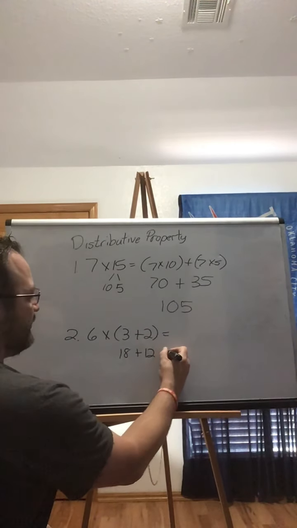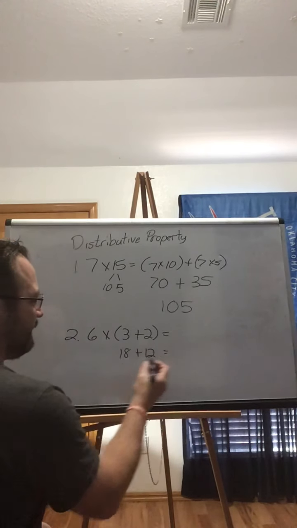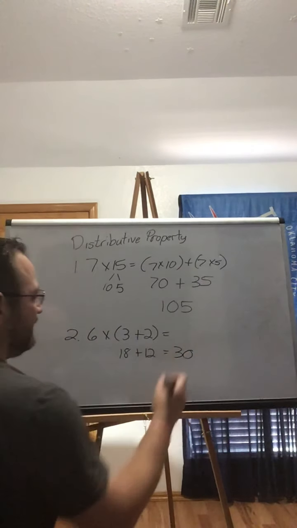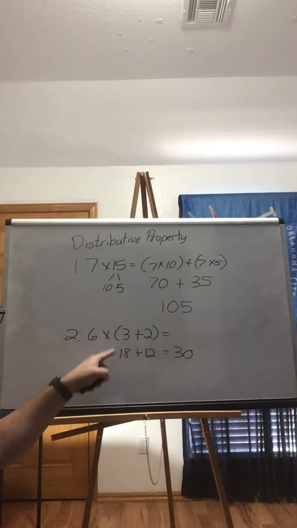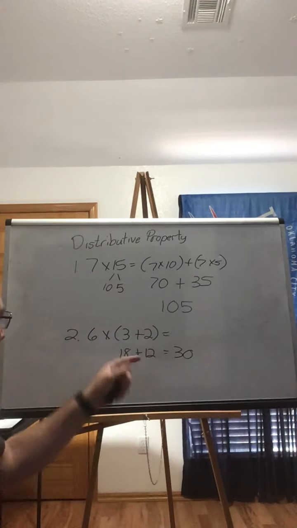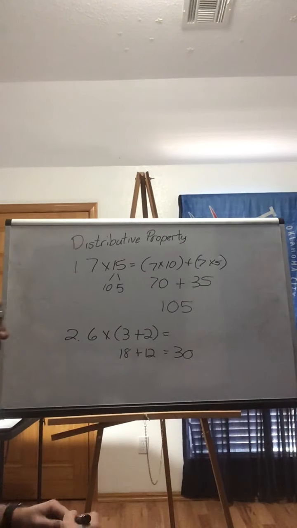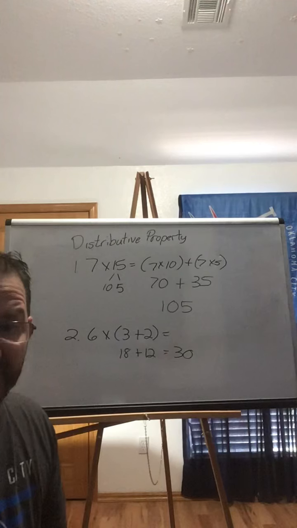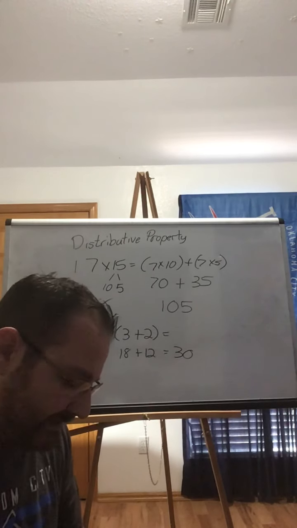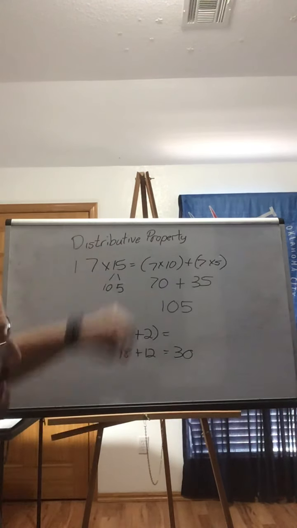Then all you've got to do is add up your 18 and 12, and you will get 30. So again, 6 times 3 plus 2: do the 6 times 3, then do the 6 times 2. Or if you really want to make it easy, 3 plus 2 is 5, so it's 6 times 5.